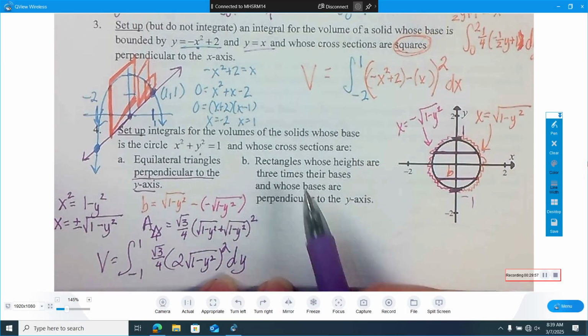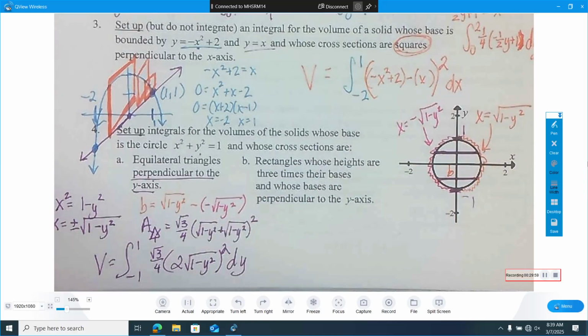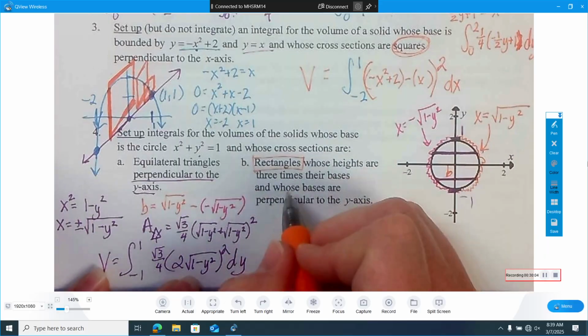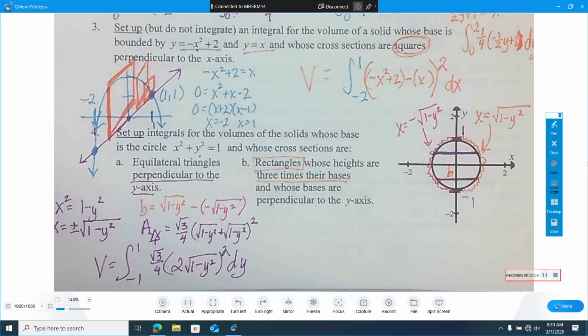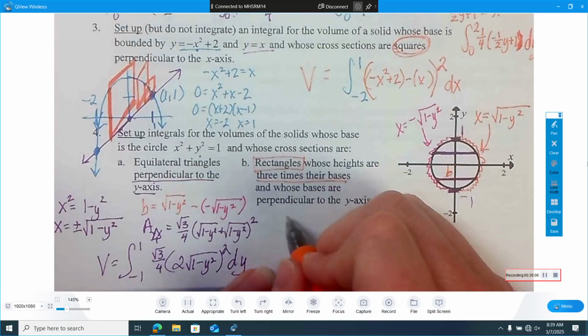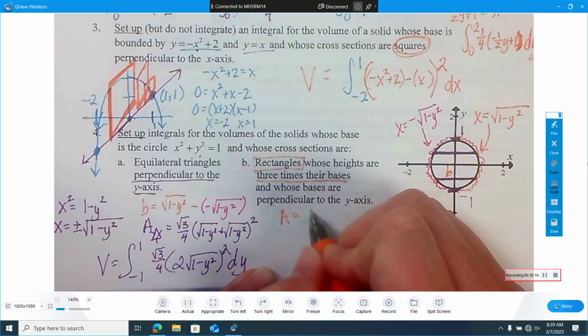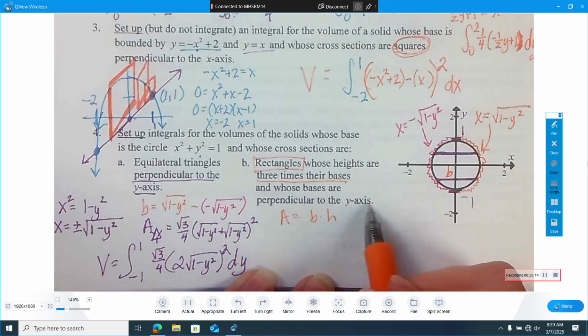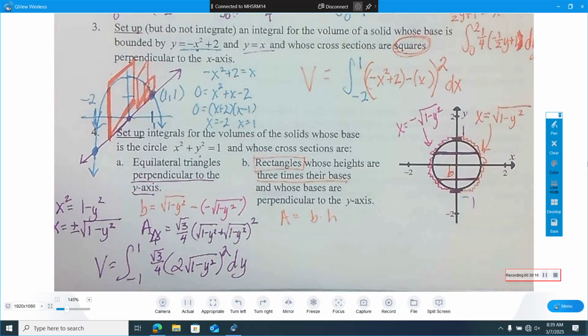All right. Let's look at the last one here. We want rectangles in this one. Rectangles whose heights are 3 times their bases, okay? Well, the area of a rectangle is base times height. And again, this is all perpendicular to the y-axis, so we want everything with y's. Everything should have y's in it.